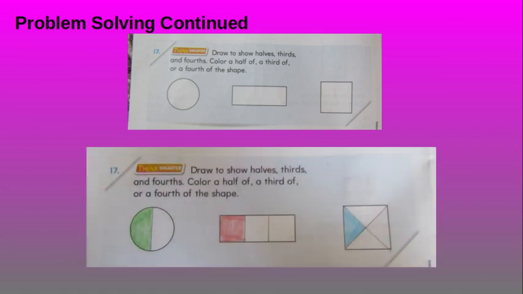And then your answer should look similar to mine. Again, you might have drawn your lines differently to show your equal parts, and that's okay. If you were stuck on one or needed some help, go ahead and look at mine and use them to guide you to complete that last problem.